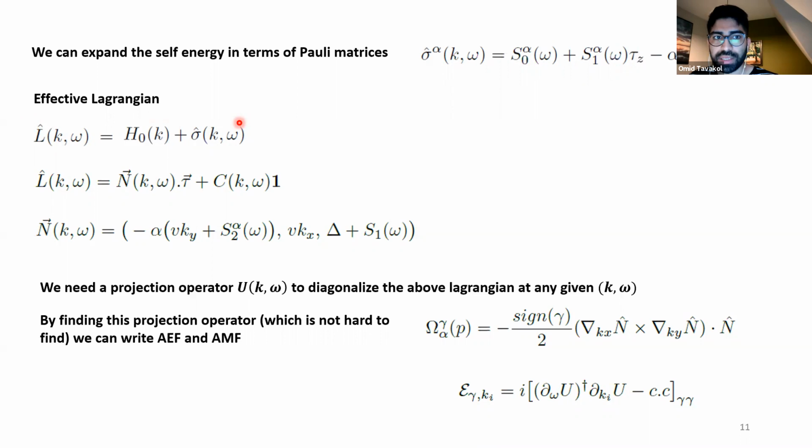So you need a projection operator, let's call it U of k and omega, to diagonalize this quantity at any given k and omega. And this projection operator is something that defines your artificial magnetic field and your artificial electric field.